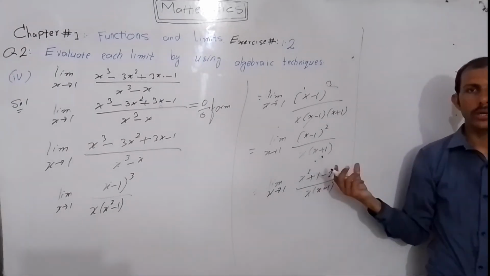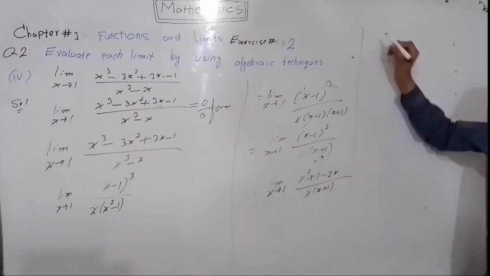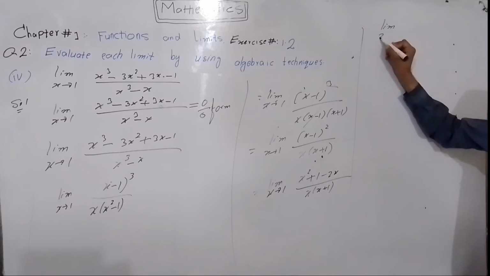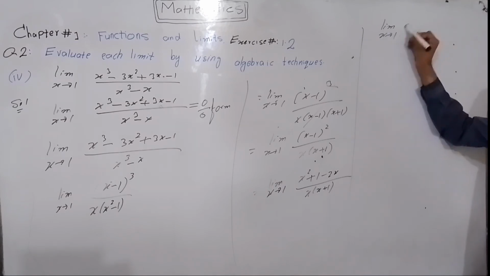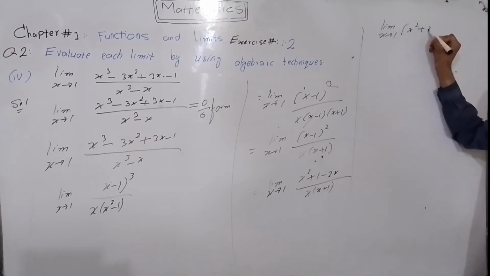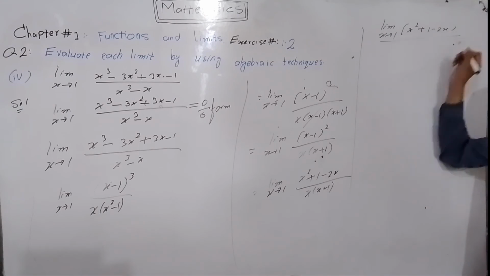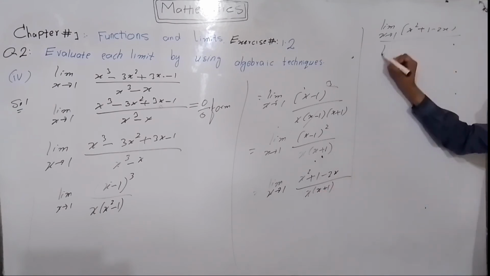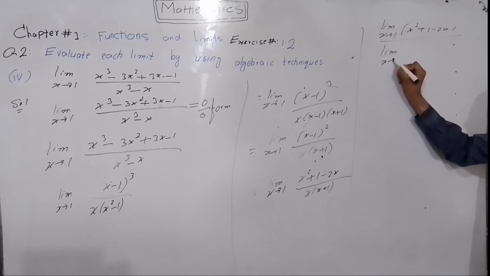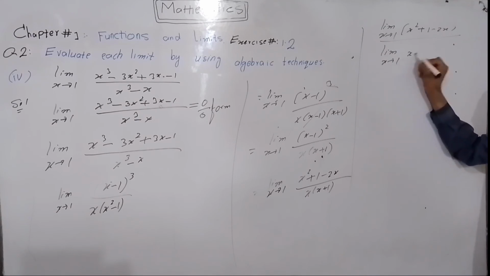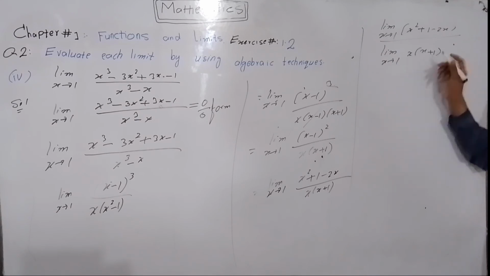Using the quotient rule of limits, limit x approaches 1 of (x square plus 1 minus 2x) divided by limit x approaches 1 of x into (x plus 1).